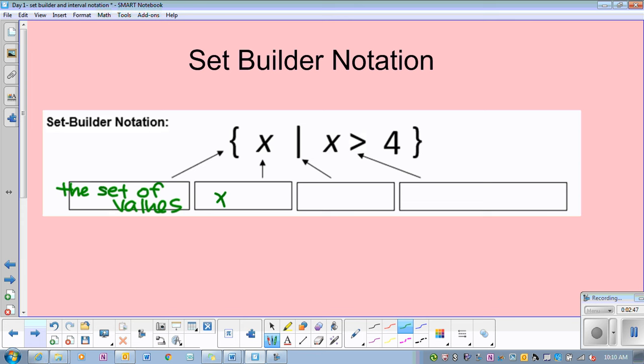The bar basically means such that. And then the next part is just your rule or your inequality, okay? And that one says x is what? x is greater than 4. Good, x is greater than 4.